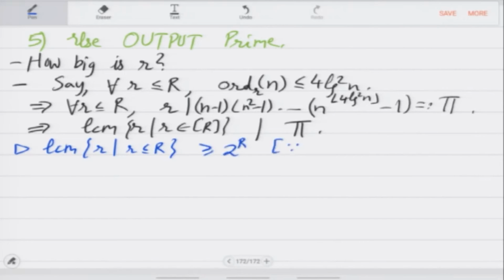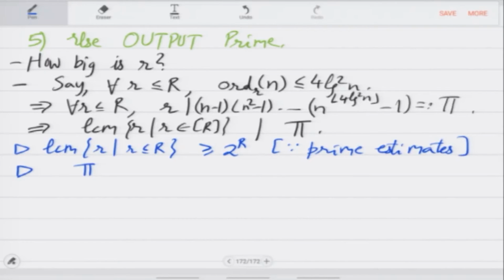You can check this by the distribution of primes. And how big is pi? Well, pi is a product of these numbers which are up to n^(4 log^2 n).